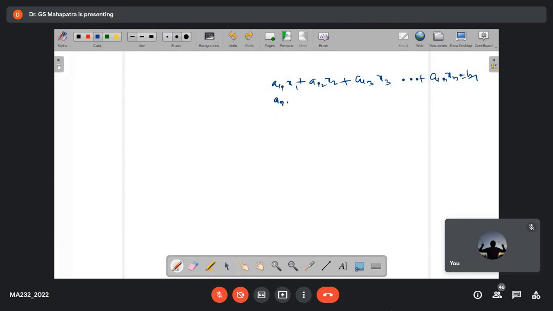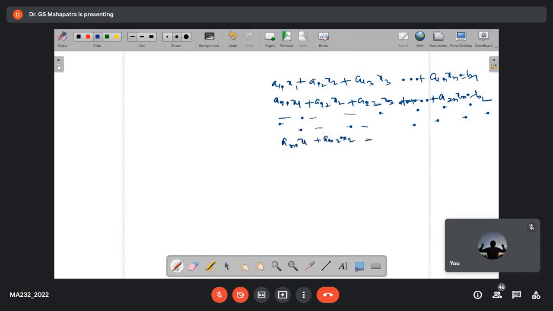A21 x1 plus A22 x2 plus A23 x3 and so on up to A2n xn equals v2. And finally, An1 x1 plus An2 x2 plus An3 x3 up to Ann xn equals vn, the number of equations equal to the number of unknowns.